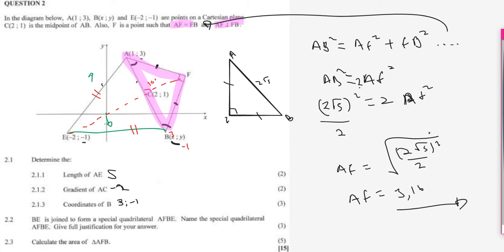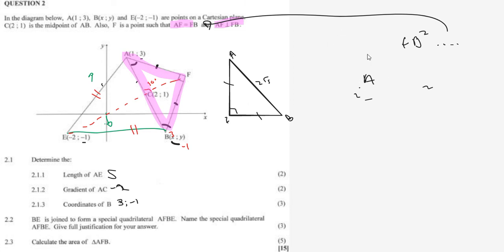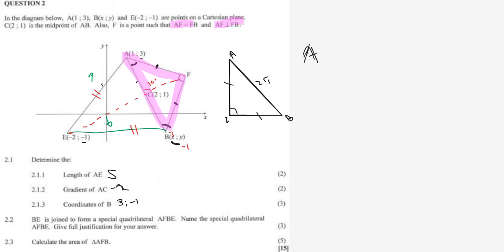Then I can go back to my basic area of a triangle. Area of a triangle is what we know. Area of a triangle is half length times breadth. Everyone knows that. Okay, area is equal to length times breadth, where our length, oh sorry, this is the area of a rectangle.